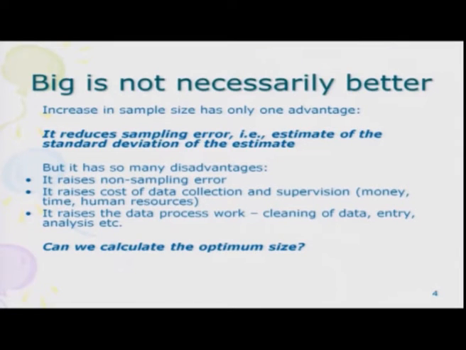It raises non-sampling error. More units you want to include in the study, you want to increase the coverage of your study, non-sampling errors are going to increase. You have to employ more number of interviewers, and that is one reason why census results sometimes are not so reliable.